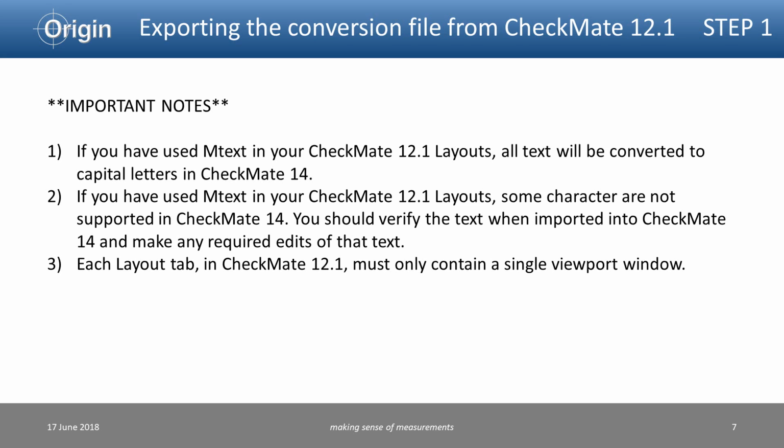Symbols such as the pound sign, dollar sign, percent sign, quotes, those kind of symbols. So you should verify the text when it gets imported into Checkmate 14 and make any required edits of that text. And finally, all of this process of exporting the layouts from Checkmate 12.1 requires one rule, in that each layout must only contain a single viewport window.